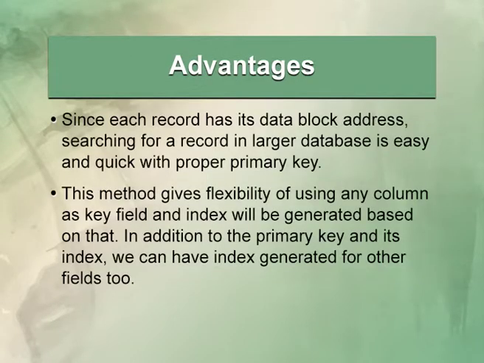The advantages being, each record has its data block address, and searching for a record in a larger database is easy and quick with a proper primary key. Here you are maintaining the primary keys, and depending upon the primary key and the address pointer we retrieve. Whatever the case may be, either a small database or a larger database, retrieving is very easy with proper primary keys. If you are identifying only one column as the primary key, it will be very easy to identify a record and point the pointer to the data block.